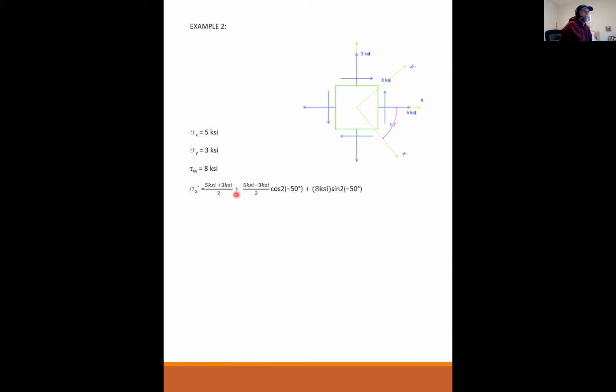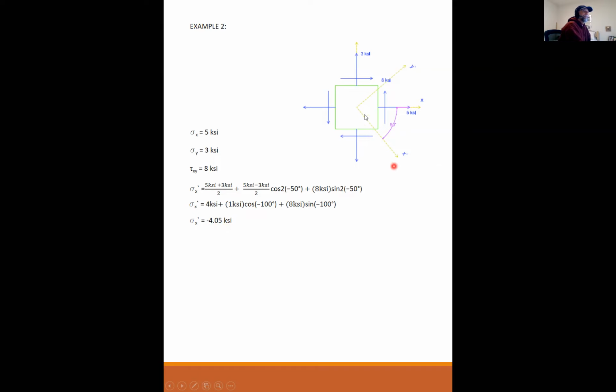I put in my 5, I put in my 3, I put in my cosine of 2 times minus 50, sine of 2 times minus 50. And I simplified this a little bit so that you can see this is cosine of minus 100, sine of minus 100. And my sigma x prime is minus 4.05 KSI.